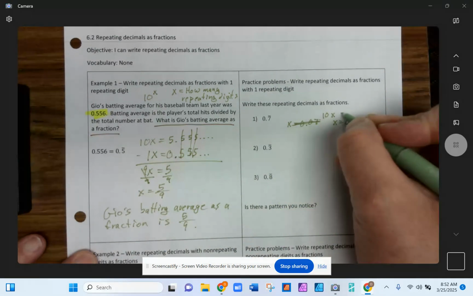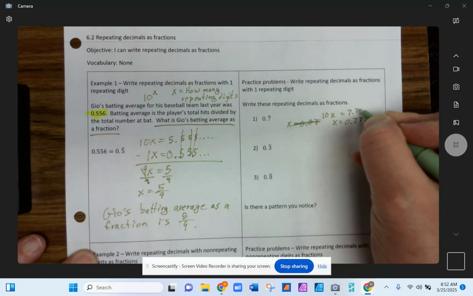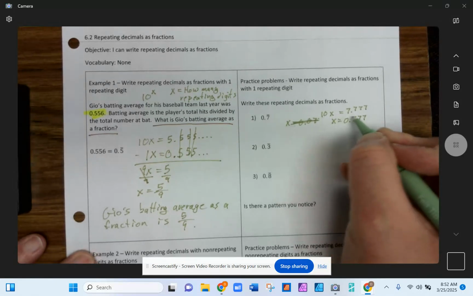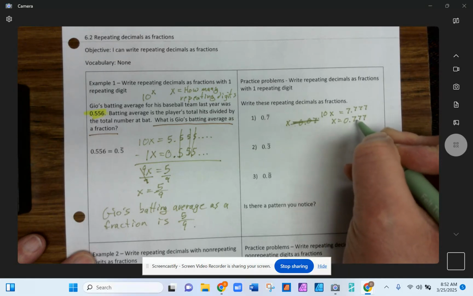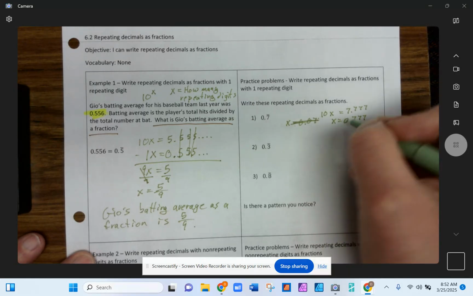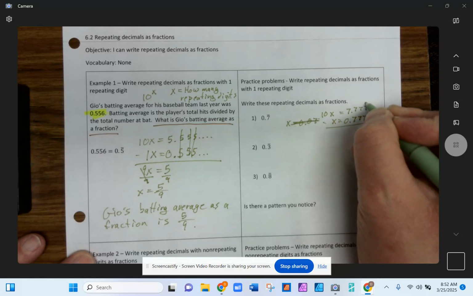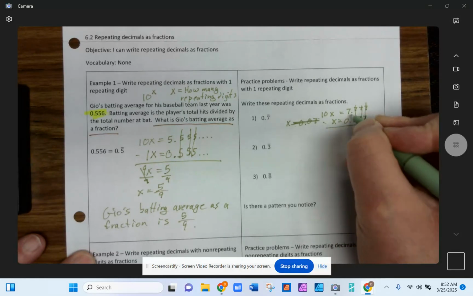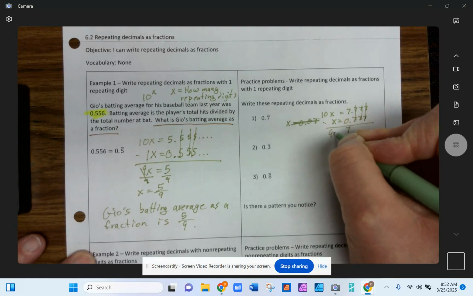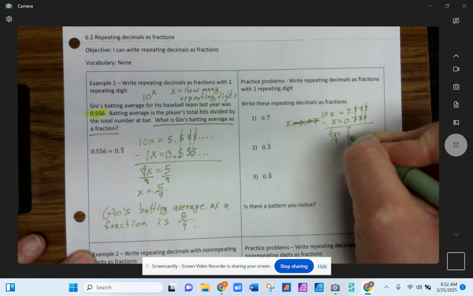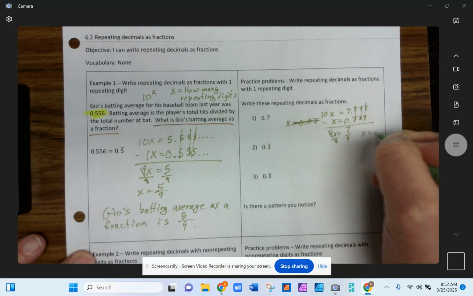So 10x is equal to 7.777. Remember that all that happens when you multiply by 10 is that it moves the decimal over by 1 to the right. Now we're going to subtract. These cancel out to 0, and then we get 7 right here, and this becomes 9x equals 7. You divide by 9, and we get x equals 7/9.